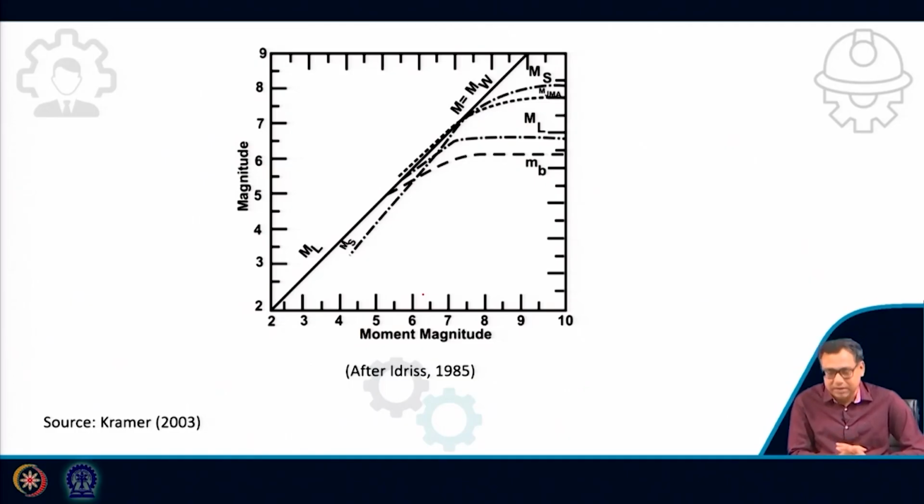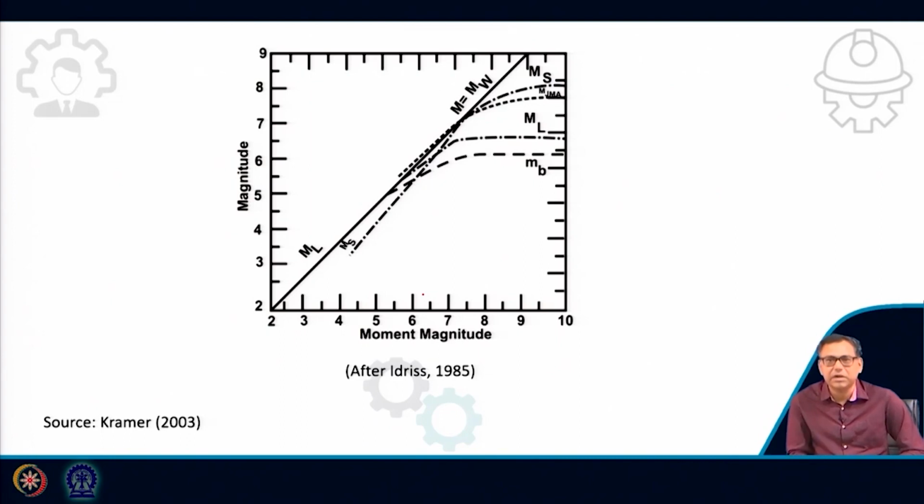As I discussed, the surface wave magnitude saturation value is around 8, so if the magnitude is beyond 8, that is not the correct value. We cannot use that scale beyond magnitude 8 for surface wave magnitude.